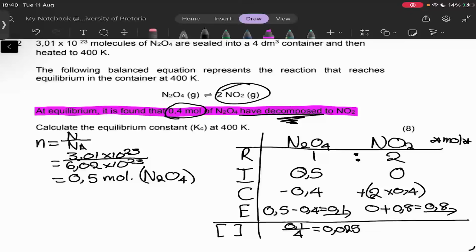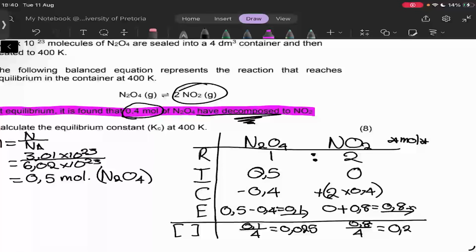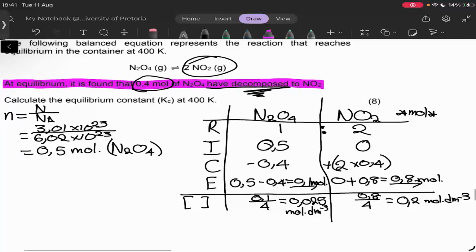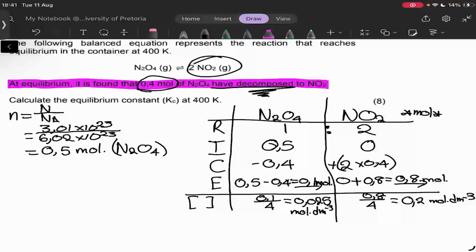If I move on to NO2, it's going to be 0.8 over 4. And the concentration at equilibrium of NO2 is going to be 0.2 moles per decimeter cubed, and the same units for N2O4. Right. So now we have our concentrations at equilibrium.